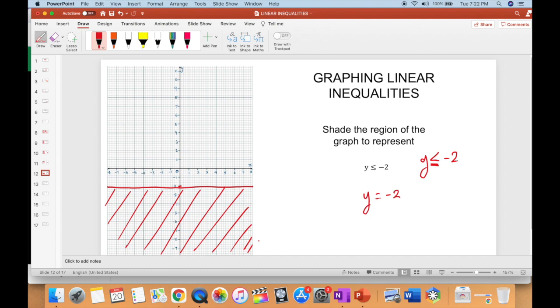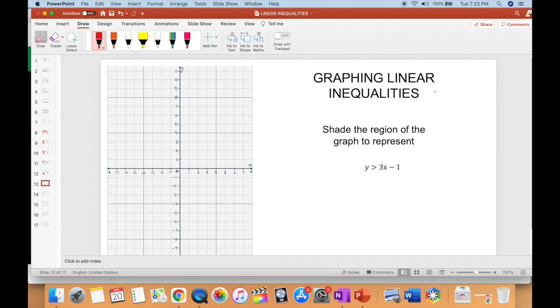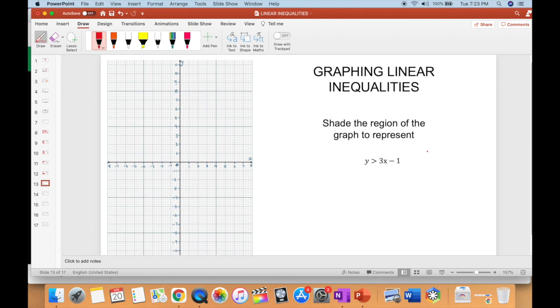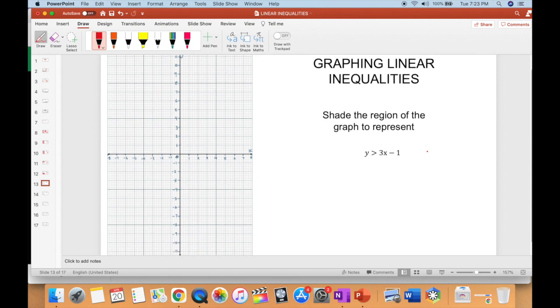Easy stuff, right? So now here is the kicker, and I'll see how well you guys really understand it. Shade the region of the graph that represents y is greater than 3x minus 1. The first thing we have to do is plot the line y is equal to 3x minus 1.